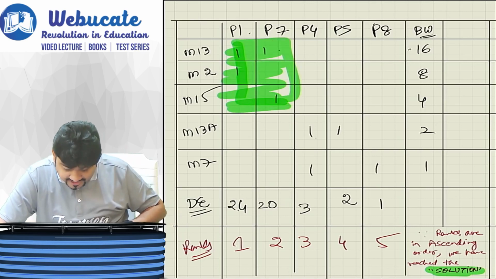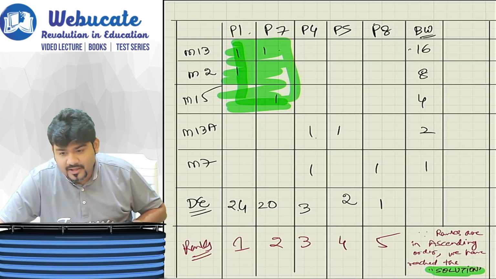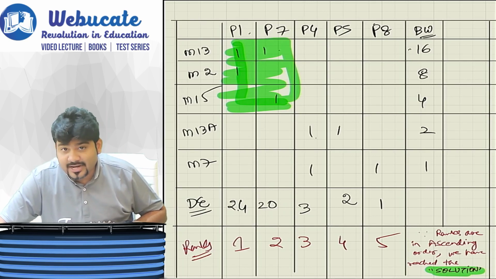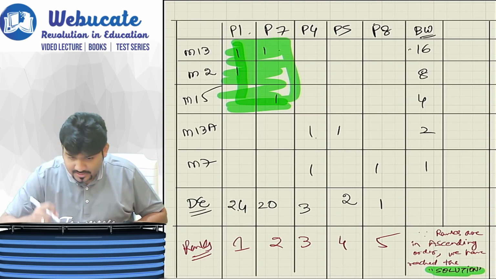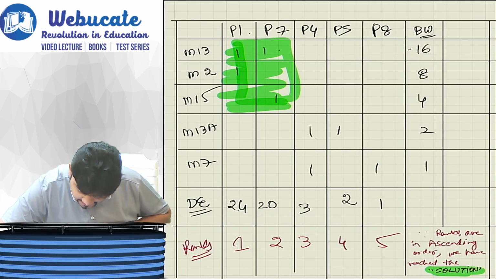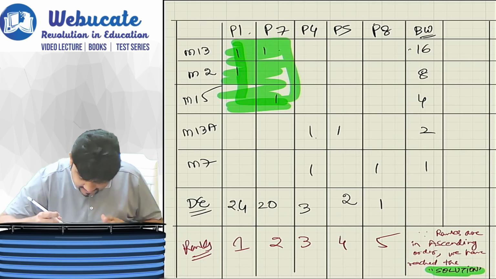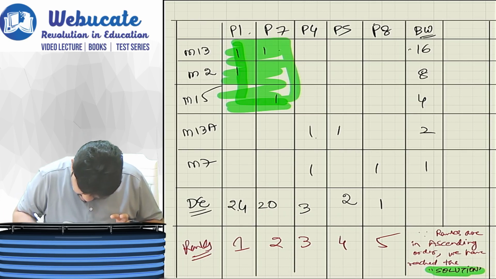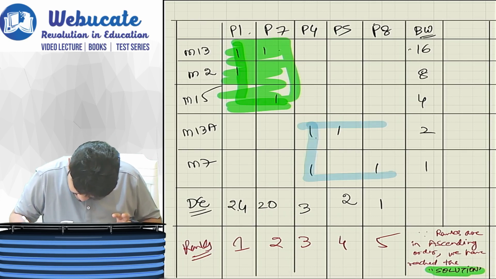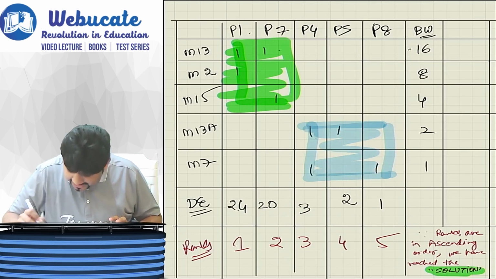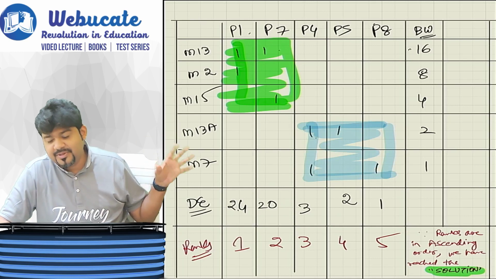M13, M2, M15 can be kept together, and in that we can make P1 and P7. Correct. And then here we can make M13A and M7 together, so that we can make P4, P5, P8. Are we clear with this cluster?